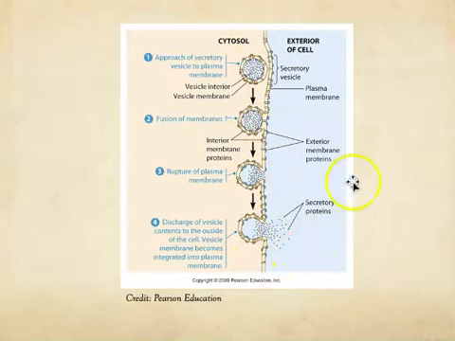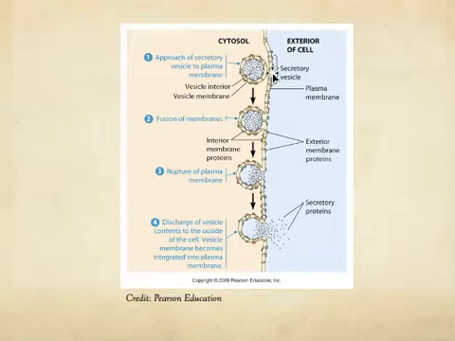The blue area represents the exterior of the cell, and the diagram is meant to be read from the top to the bottom. Now, you'll notice that there are these strange markings along the plasma membrane. Those represent proteins. Remember, living cells have plasma membranes that are loaded with proteins.